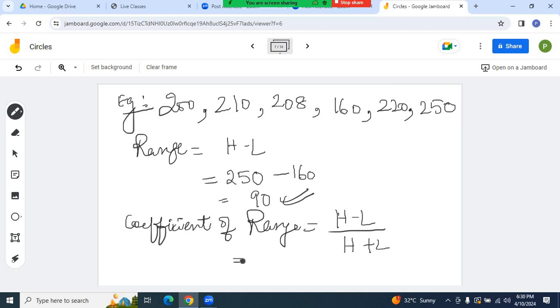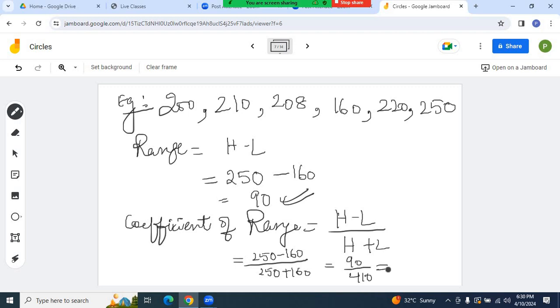So coefficient of range is 250 minus 160 upon 250 plus 160. So 250 minus 160 is 90 and 250 plus 160 is 410.